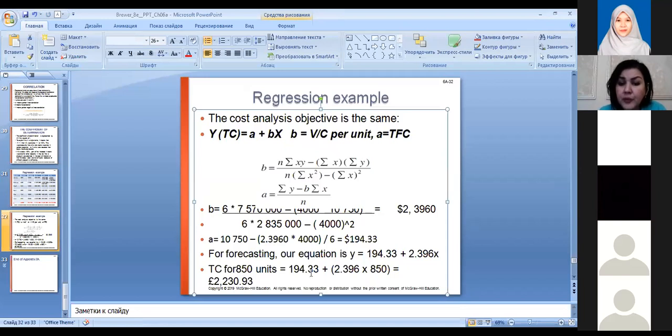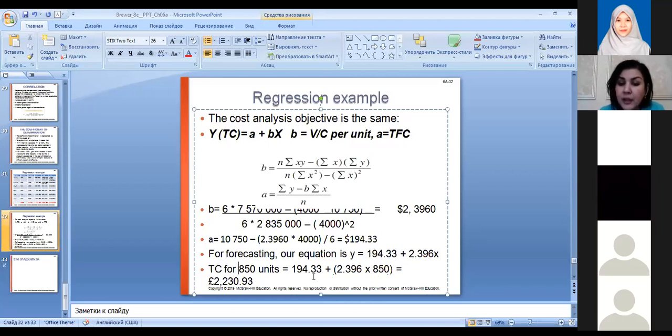We have fixed cost, $194.33, plus variable cost, which is B, variable cost per unit, $2.39, and we multiply by 850 units, because we need to know the total cost for 850 units.